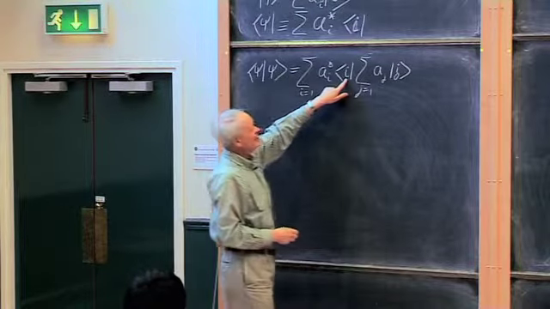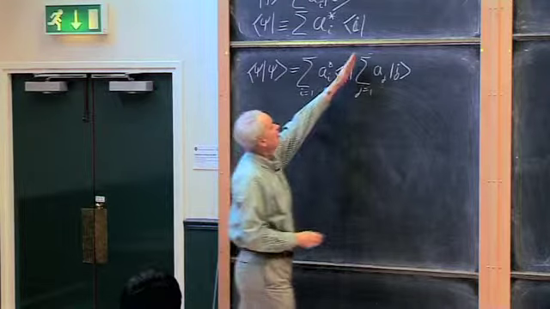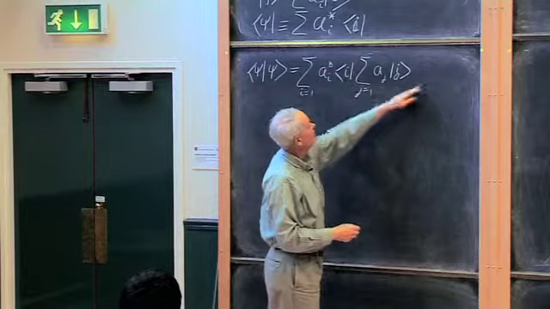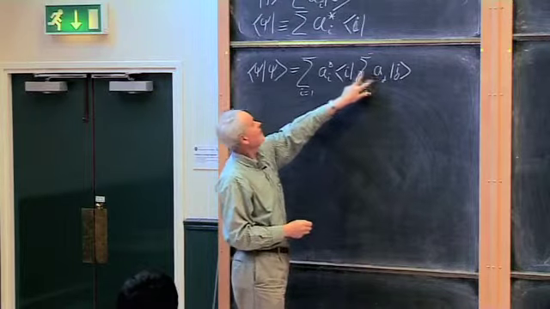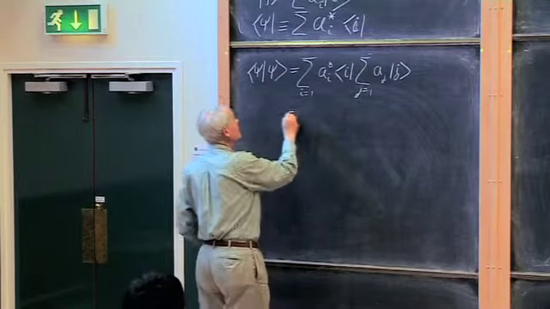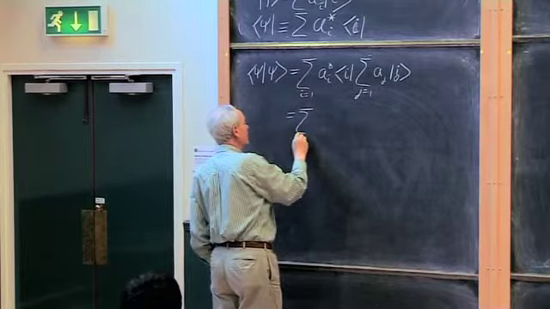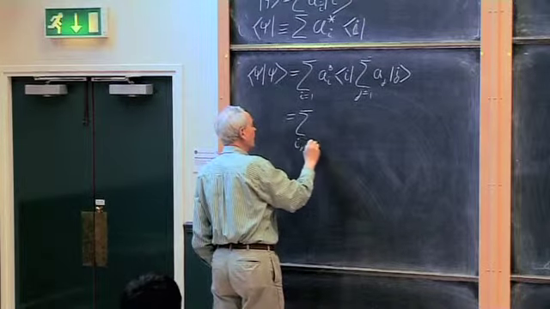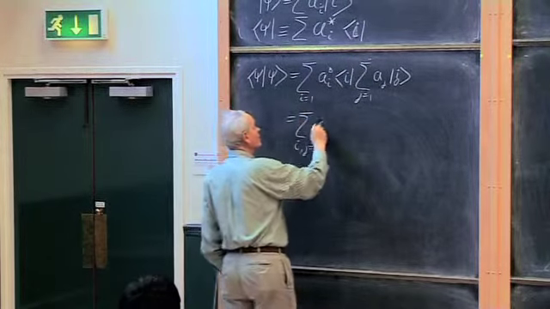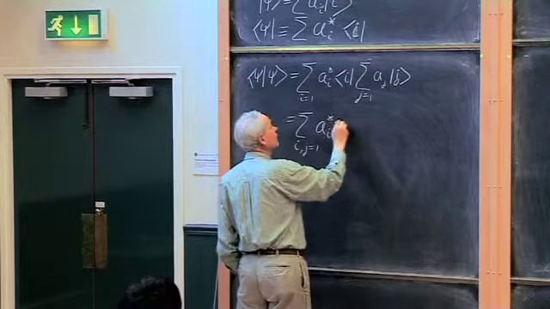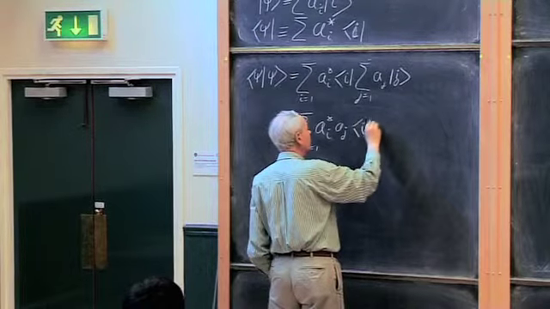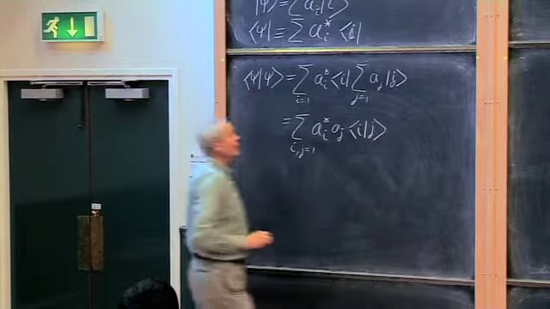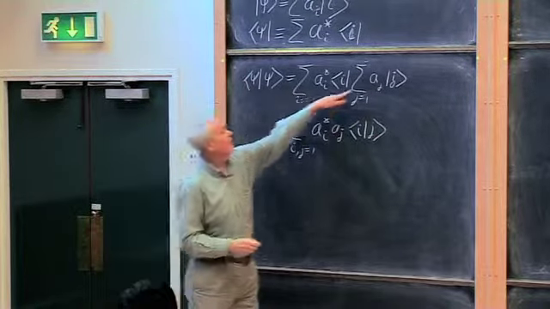This is a linear function, right? We're evaluating this linear function on this dirty great sum, but because it's a linear function, the sum can be taken outside, so I can write this as the sum over i and j, from 1 to whatever it is, of a_i star a_j <i|j>. There I've used the linearity of the function <i|.